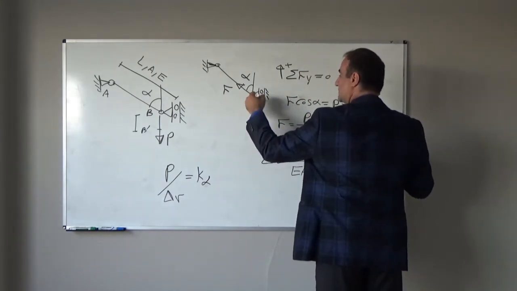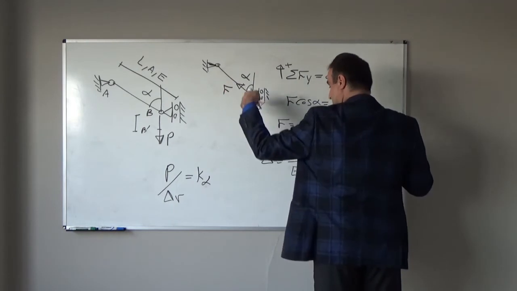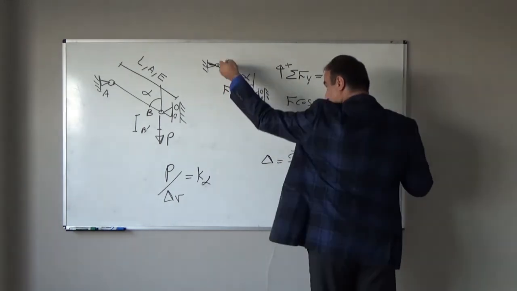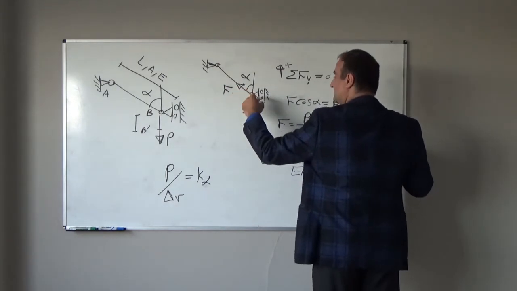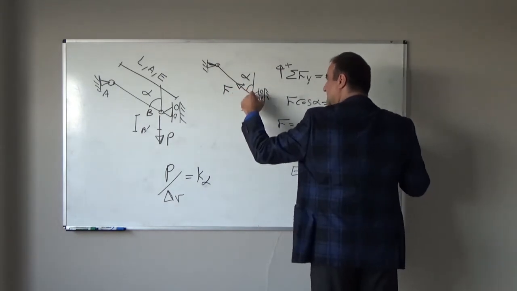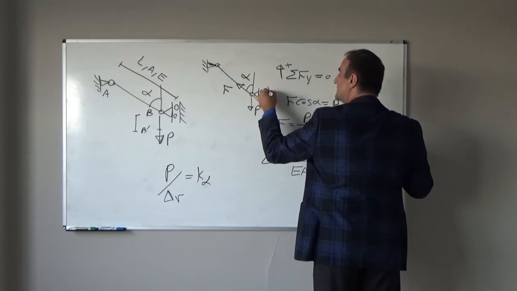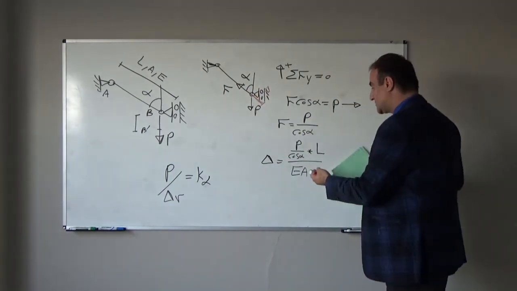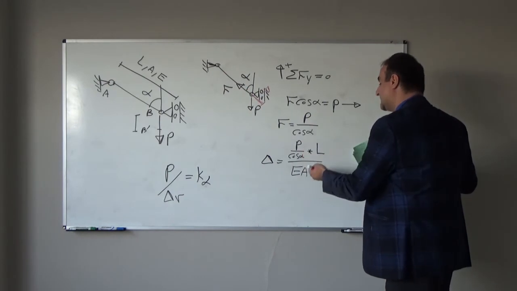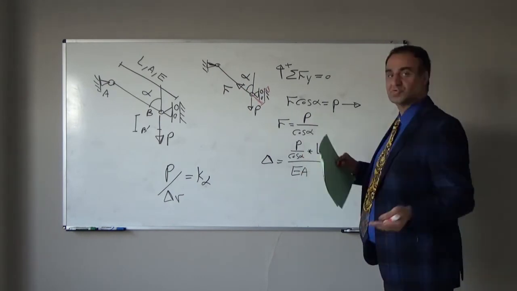So axial force in this member times the length of this member divided by EA of this member will be the deformation of this member in the member direction. I show it with delta. I can calculate that. Everything is known here: alpha is known, P is known, L is known, E is known, A is known, so I can calculate it.